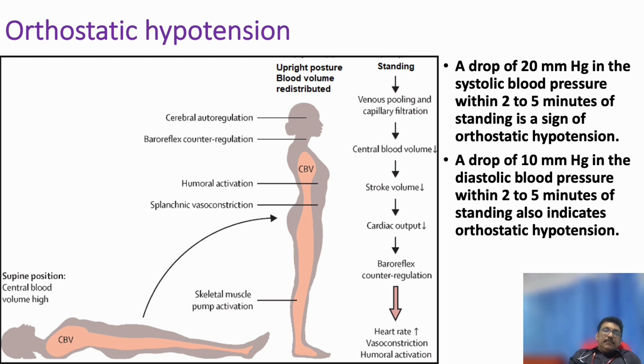But there are many patients who may not meet the criteria, but they can have the symptoms. So whenever we get a patient, we have to always examine the BP in supine posture and make the patient stand up. Immediately you can check the BP, but after 3 minutes check the BP again, and see if any reading is dropping more than 20 millimeter of mercury in systolic and 10 in diastolic.